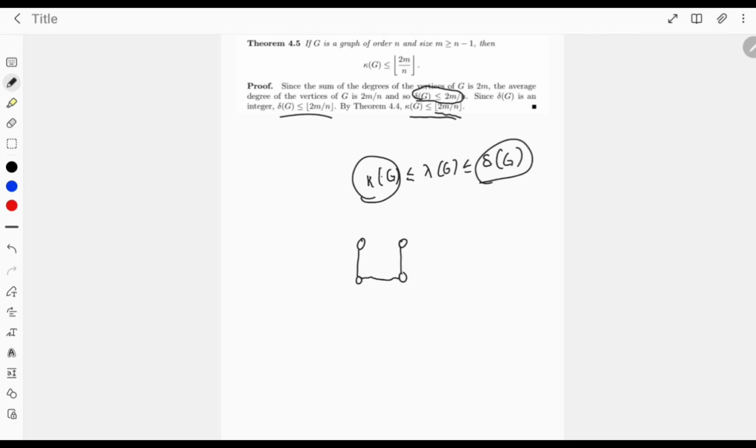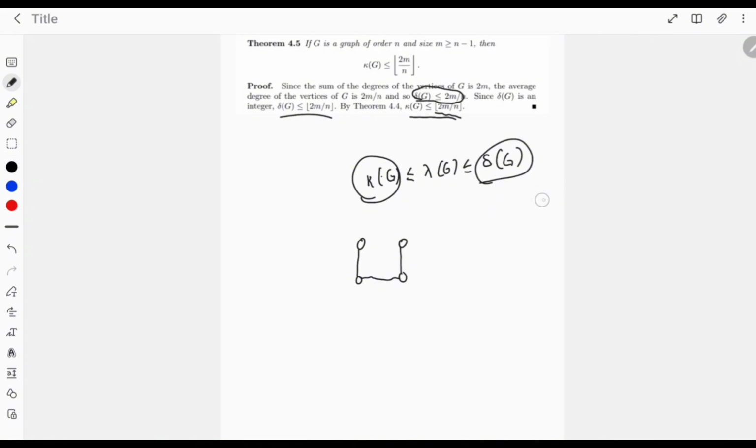Suppose we have that one, so n is equal to 4, and this is greater than n minus 1, because n minus 1 is equal to 4 minus 1, which is 3, so 4 is greater than 3.